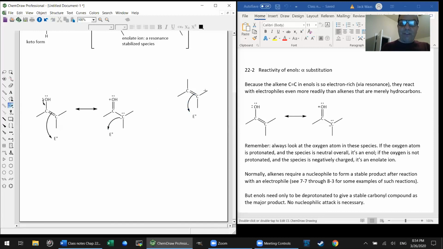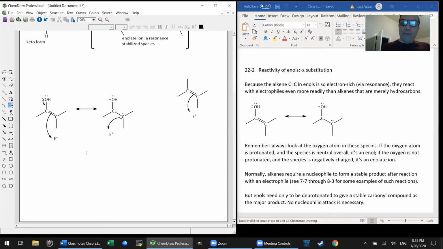And so whereas in chapter 8, in general, we needed some nucleophile after attack of the alkene onto the electrophile, to attack over here, in the case of an enol, we don't need that. All we need is even a moderately decent base to be around and simply pull the proton off the oxygen. And again, it doesn't matter which way you draw the mechanism. You get to the same place either way.